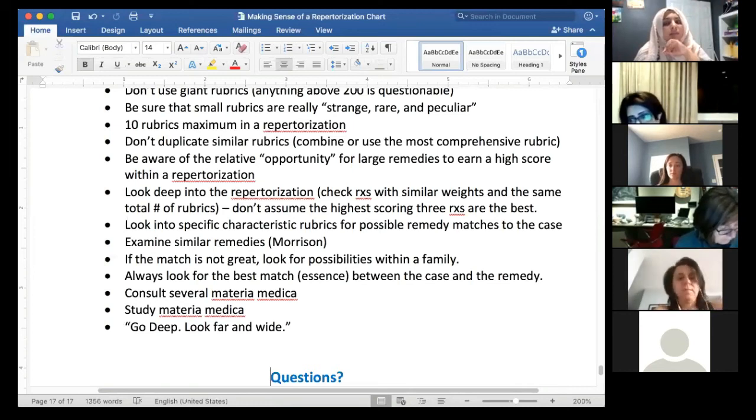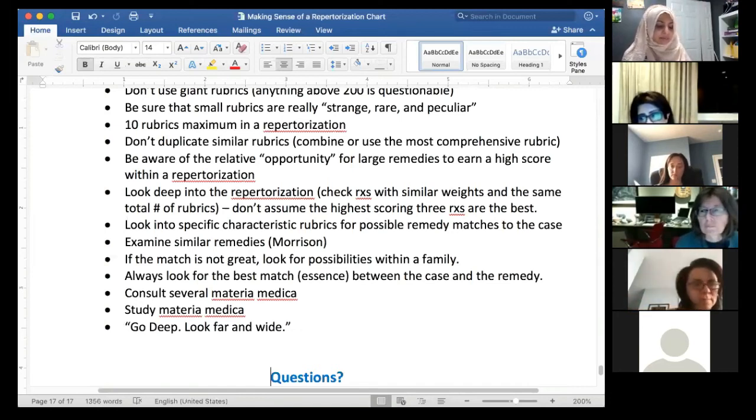Now, if I'd repertorized her case, I'm not sure I ever would have come up with that remedy. I may have, but I think that's what I'm getting at. So I have an example here, it's loss of vision and it's causeless.